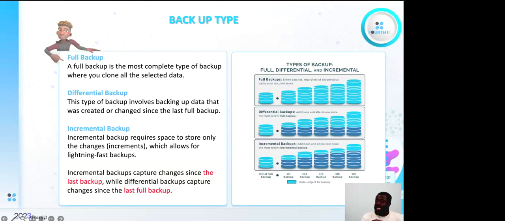An incremental backup is mostly suitable for frequent backups of systems with rapidly changing data. They are often used in conjunction with full and differential backups to provide a balance between storage efficiency and data recovery.